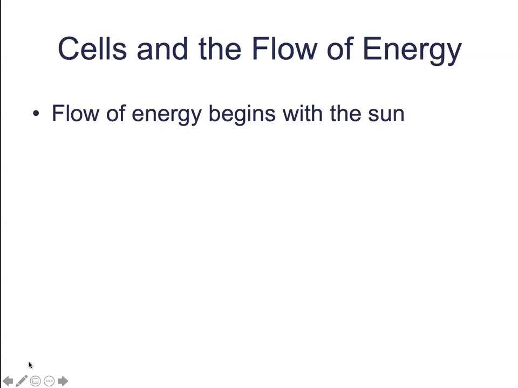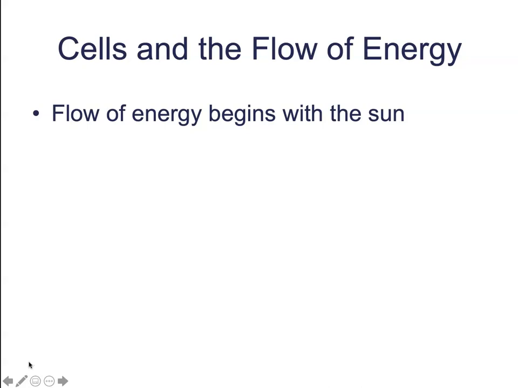As we've talked about previously, all life on Earth ultimately depends on the flow of energy from the sun. Autotrophs, or producers, are going to harness solar energy in the form of chemical energy or carbohydrates, which are then going to be taken up by heterotrophs, such as herbivores, or primary consumers. The energy flows from the primary consumers to secondary consumers, or the carnivores, until it finally reaches the decomposers.